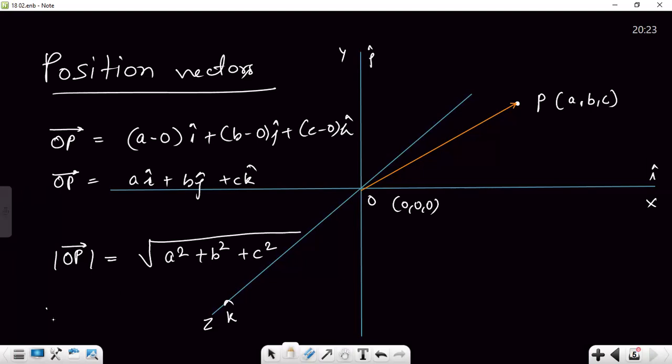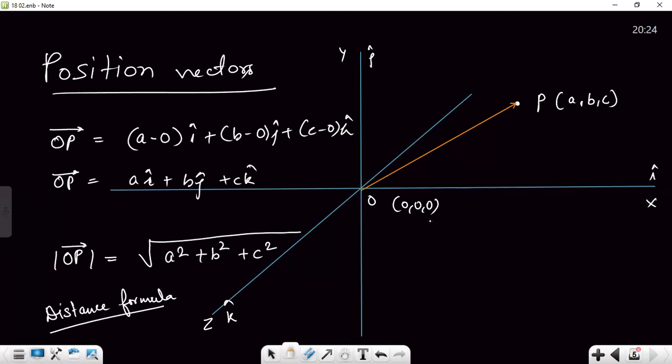You must be remembering the distance formula from the rectangular Cartesian system that we have discussed. And we are yet to discuss the 3D. So in 3D, there is a distance formula between 2 points.